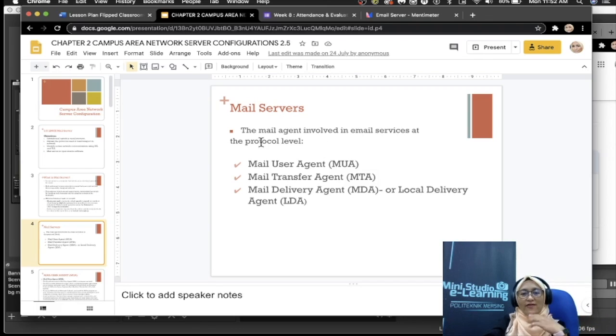We have three or four agents: the mail user agent (MUA), the mail transfer agent (MTA), and the mail delivery agent (MDA), or local delivery agent. We also use that name for the mail delivery agent.